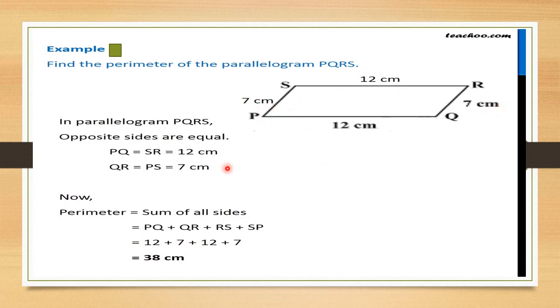Perimeter means sum of all the sides. PQ plus QR plus RS plus SP, 12 plus 7 plus 12 plus 7. 12 plus 7, 19. This also 12 plus 7, 19. 19 plus 19, 38. Right, children? This is how to find the perimeter of a parallelogram.